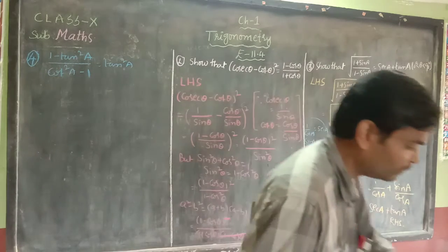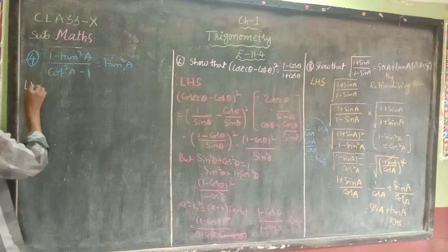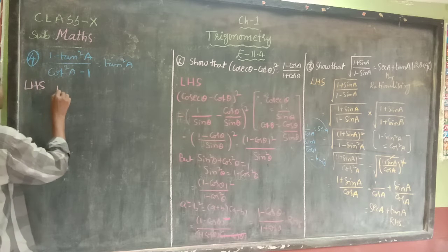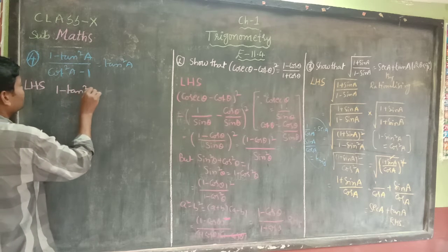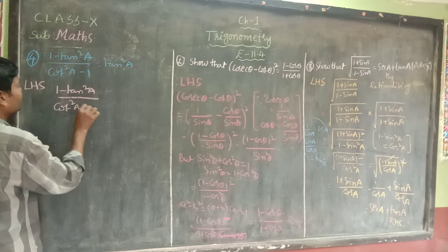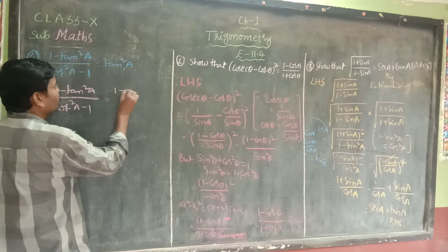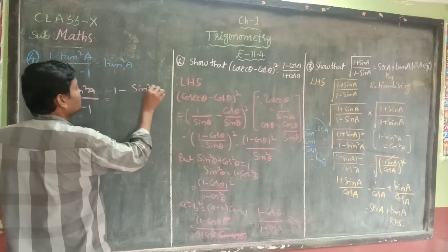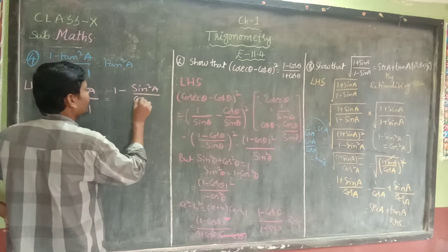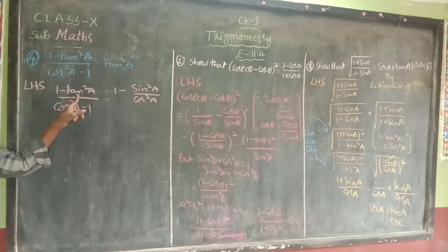So for this, let us see. Take LHS. What is LHS? (1 minus tan square a) by (cot square a minus 1). So this I am writing as 1 minus sin square a by cos square a, because tan a is equal to sin a by cos a.